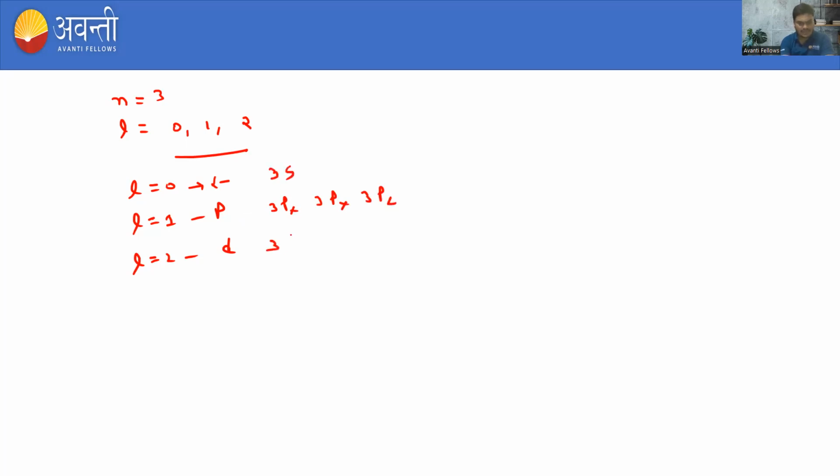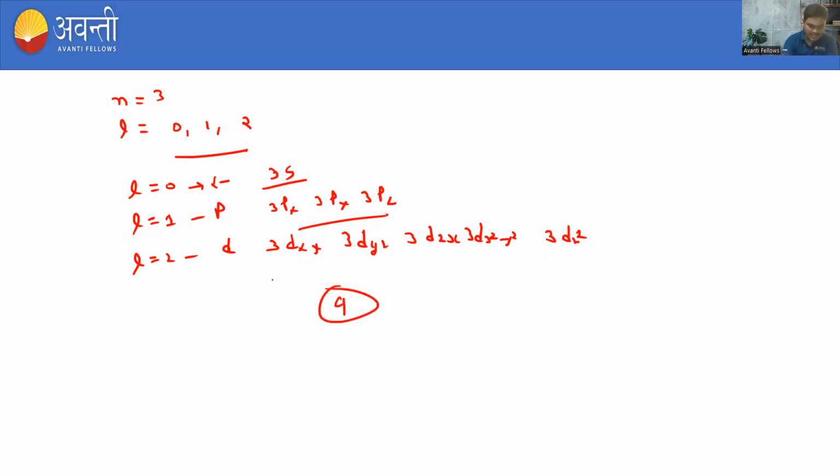And here we have 3dxy, 3dyz, 3dzx, 3dx square minus y square, and last is 3dz square. So we have 5. So 5, 3 and 1, that is 9. So the correct answer for question 55 is 9.